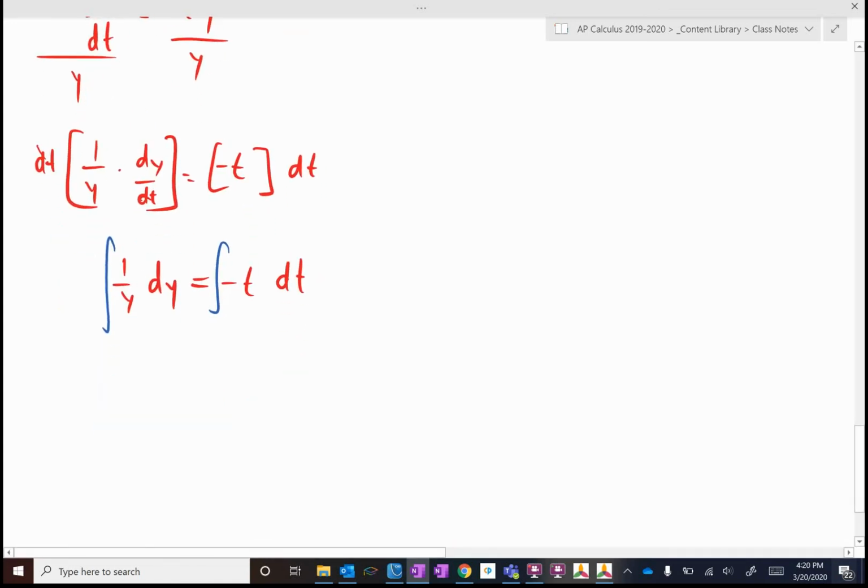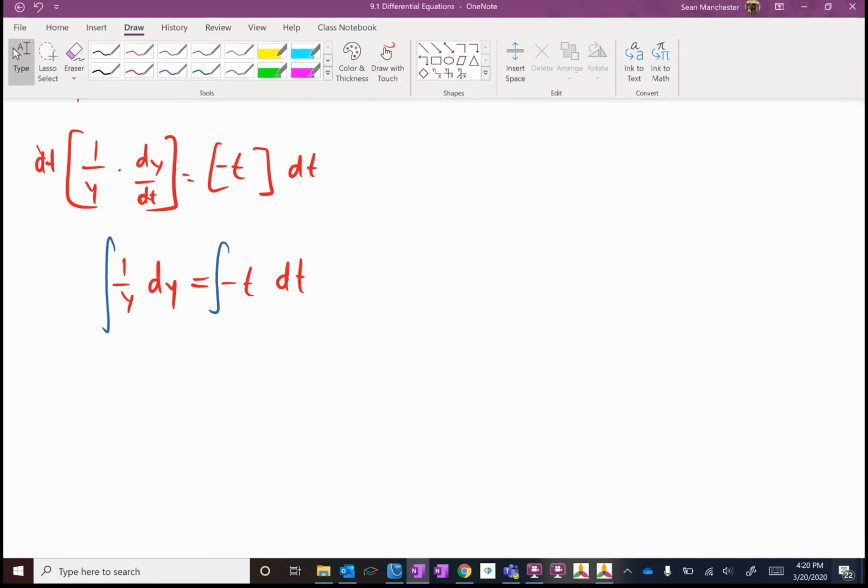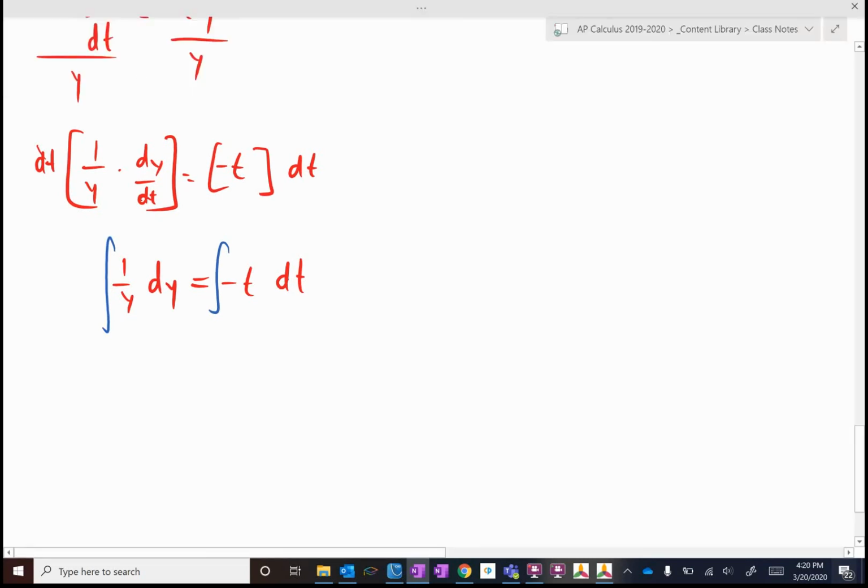Well, I might rewrite that as y to the negative 1, or you could just recognize the antiderivative of 1 over y is the natural log of the absolute value of y. And on the right side, the antiderivative of negative t is negative t squared over 2 plus a constant. Again, don't forget plus a constant when you integrate.